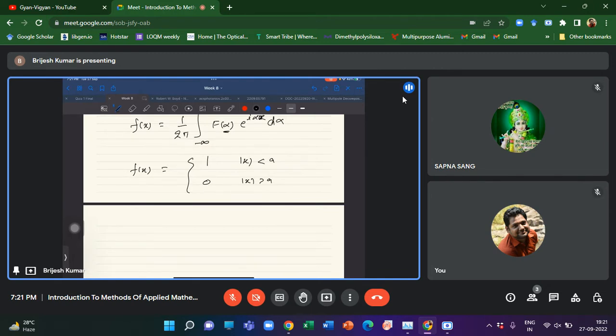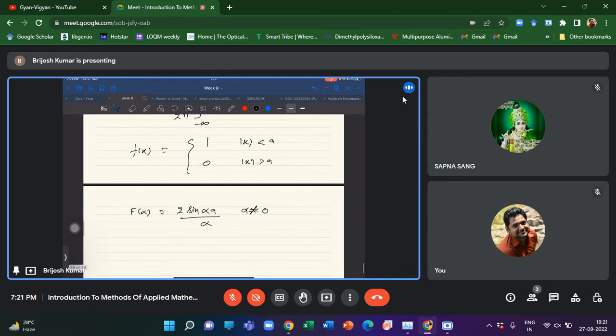From this we will get the Fourier transform F of alpha is equal to 2 sine alpha a upon alpha when alpha is not equal to 0. Can you find the Fourier transform from this function to this one?